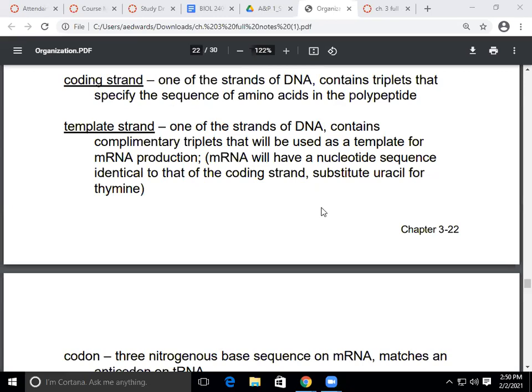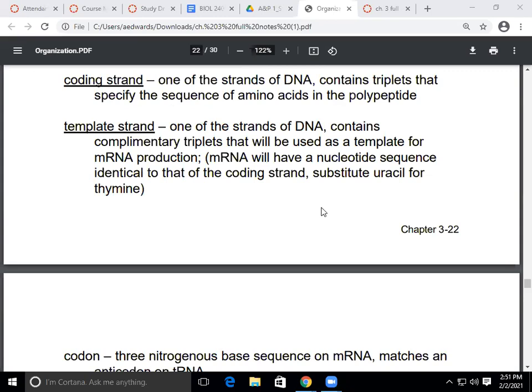Now, the mRNA strand you're going to make in transcription: you're using the template strand to make your mRNA, and it also follows the base pairing rules. T base pairs with A, G base pairs with C, A base pairs with not T, but U, right? RNA has no thymine.